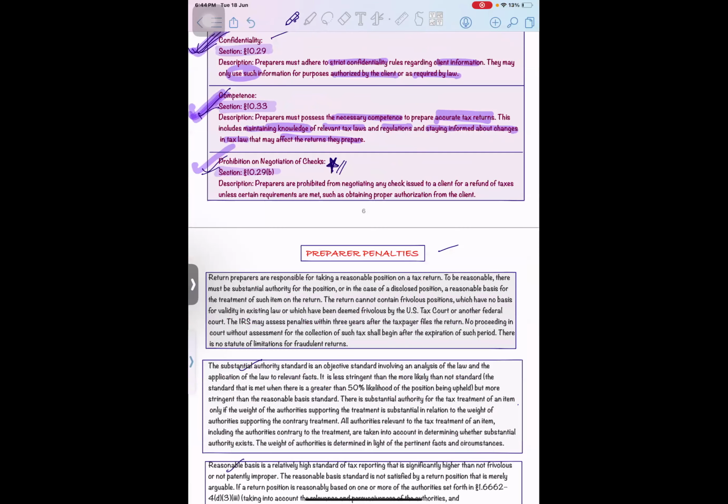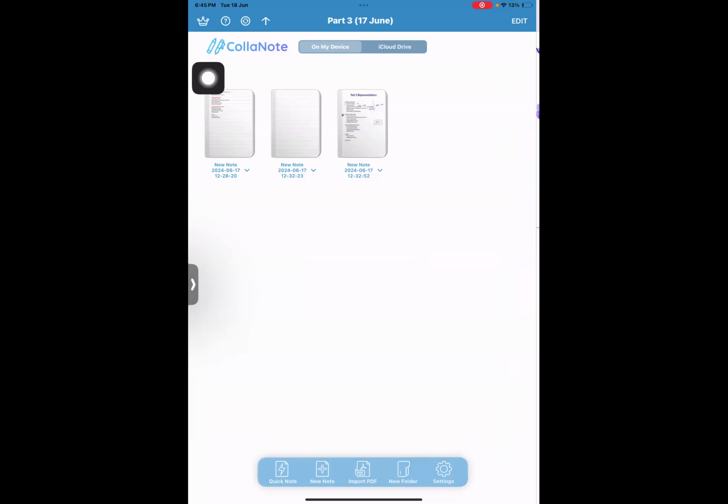First, before moving to the preparer penalty, I want to explain a very basic thing. It will be hard to understand otherwise. The terminology is actually used very actively in your Part 3 topic. So let me share another thing from the summary book.